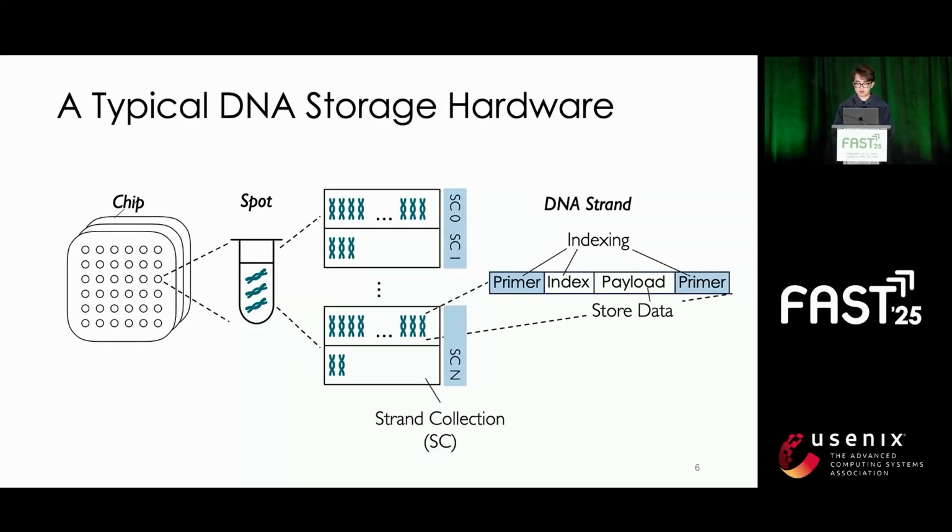Specifically, we use the primer to index the strand collection. An SC is a collection of strands that have the same primer in one spot, and all strands in the SC are sequenced simultaneously. To distinguish between DNA strands that are simultaneously sequenced within the same SC, we encode each strand's unique identifier within the index region.